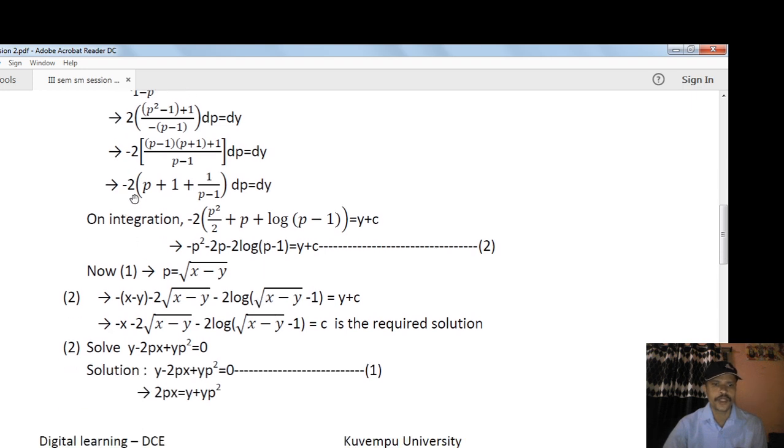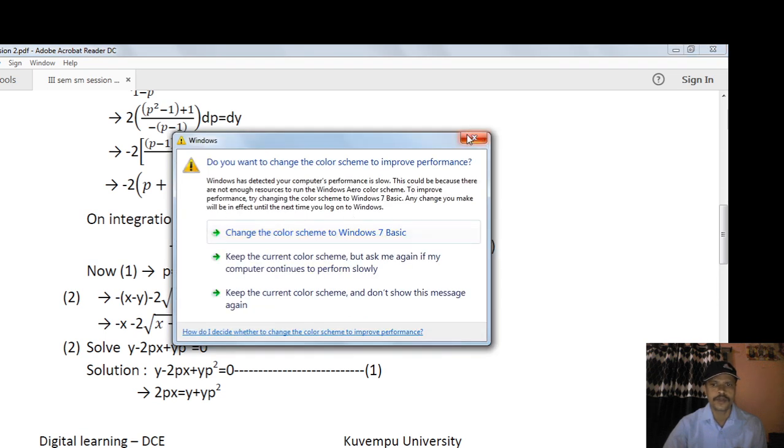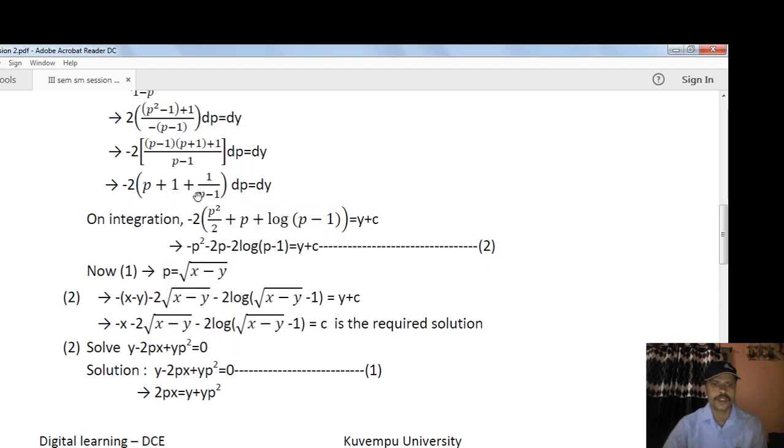Now we can integrate each term. Therefore, on integration, minus 2 into the integration of p is p square by 2, plus the integration of 1 is constant into p, 1 into p, plus, now the denominator is a linear term in p, and therefore the integration will be log of p minus 1, is equal to the integration of 1 with respect to y is y plus some constant c.